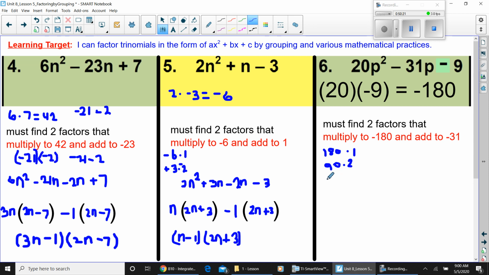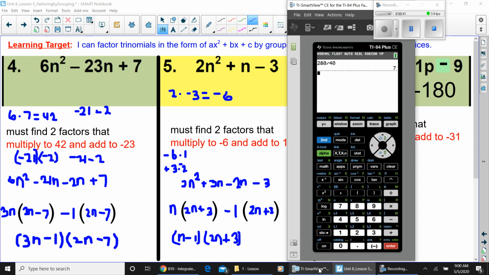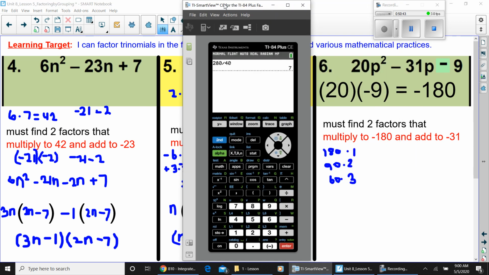Then you would have 60. I'm just looking, see this 18? 60 obviously goes into that. 60 times 3, right? Because 6 goes into 18. And then I would just see if 40, maybe 45.